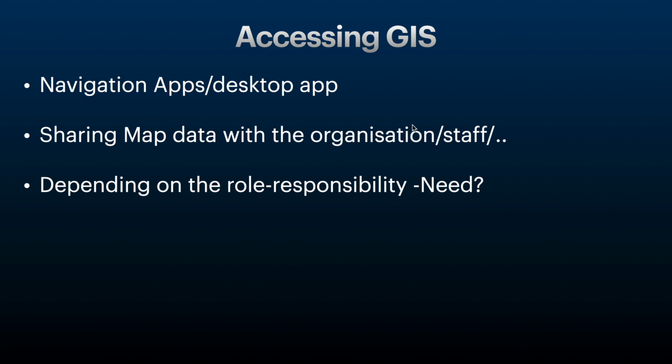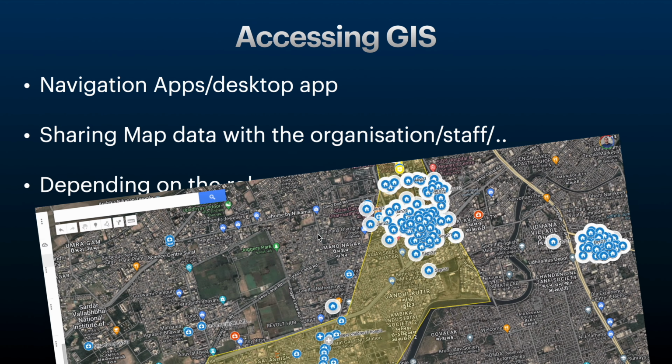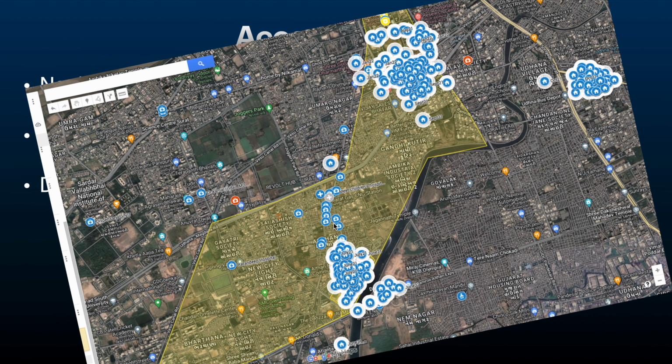While using software like QGIS, you can also create a web map using plugins, and you can directly share it with your staff using online as well as offline platforms. For the online platform, you may need an account on GitHub or any other server where you can deploy your map data so that you can share it. Then, depending upon the role and responsibility, those data would be consumed.